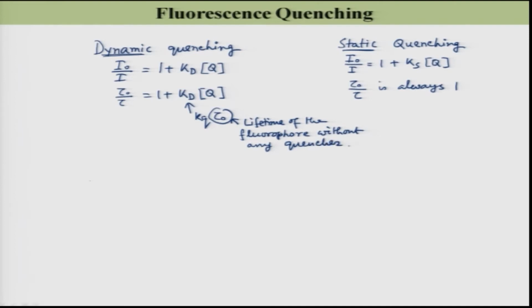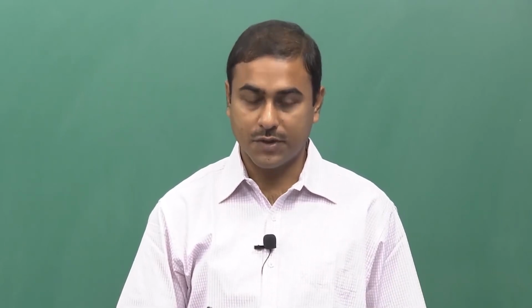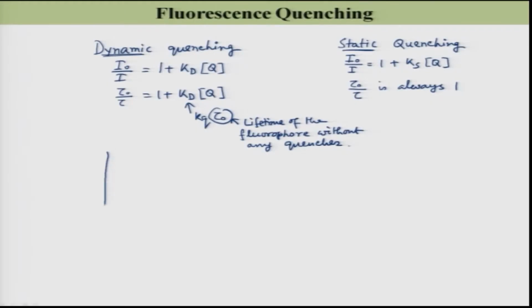So, what is the prescription? I have to measure both I 0 by I and tau 0 by tau. If both of them show a linear dependency with some slope, that means some value of K D, then it is dynamic quenching. How do we measure tau 0? By the lifetime method, either TCSPC or the up conversion method.